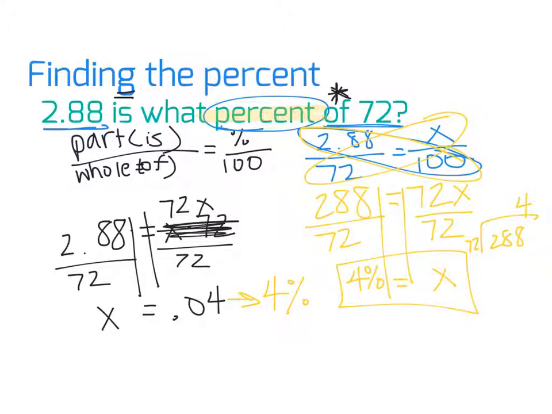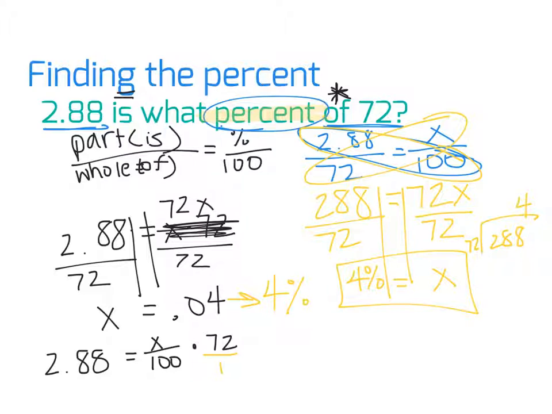The other way you could set this up, if you wanted to set this up as a fraction, is to do 2 and 88/100ths is equal to x over 100, because that's your percent over 100, times 72. Remember, you could write 72 as 72 over 1.